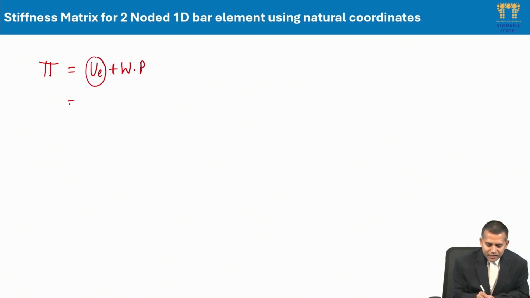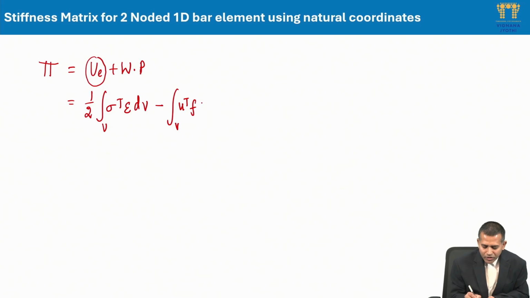If you write this expression, we have half volume integral of sigma transpose epsilon naught dV, minus volume integral of u transpose f dV, which is the body force, minus surface integral of u transpose t dS, and the sum of all the point loads u transpose P.